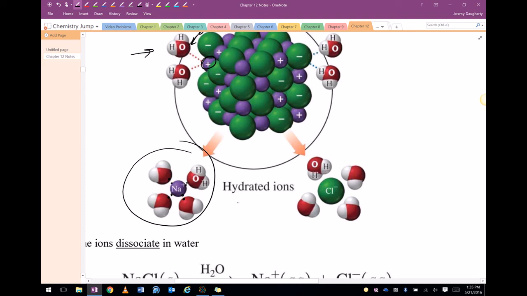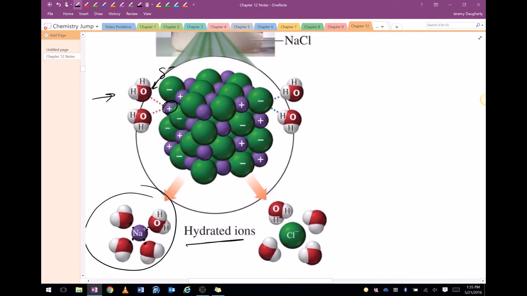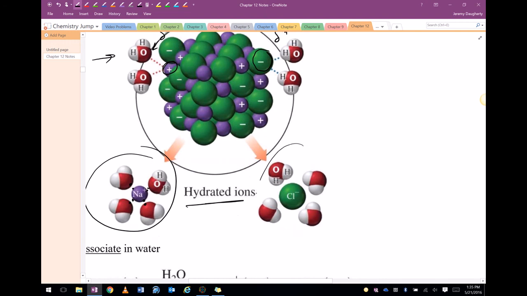So it's a hydrated ion surrounded by waters. Here on the other side, we have that hydrogen, which has a partial positive charge, and it's attracting that negative chloride, right? And so we have something that looks like this, where all the positives are surrounding that negative.